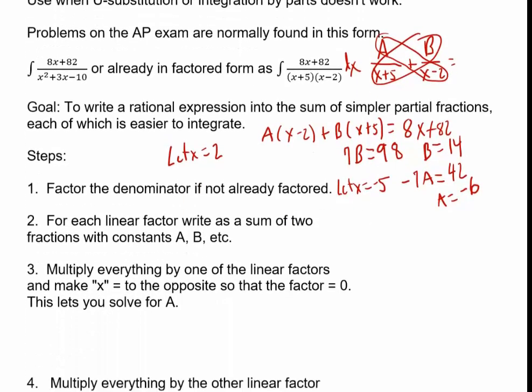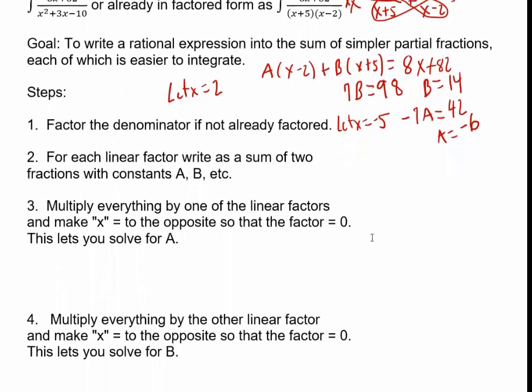All right, now we're going to scroll down a little bit so you can see some more of the notes. And now I'm going to complete this. So again, I'm going to put this a is negative 6 over the x plus 5. And actually what I'm going to do is factor it out because I'm going to want it out front anyway. So I'm going to put the negative 6 in front of my integral. And then that just gives me the integral of 1 over x plus 5.